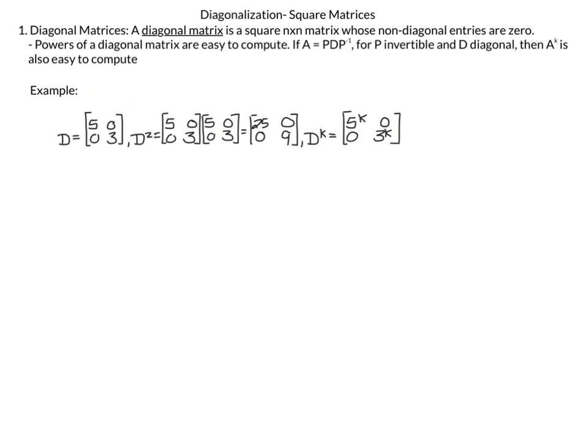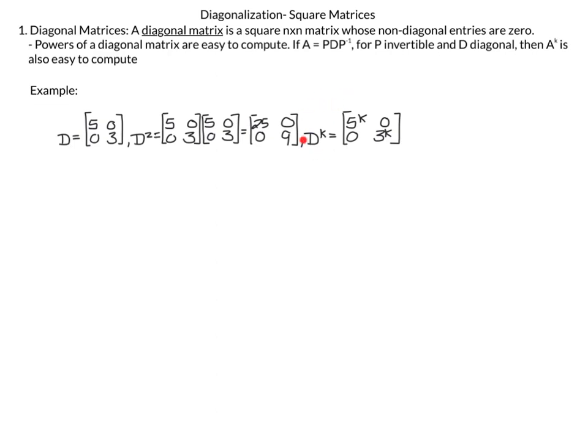One thing to note, the first kind of application we're going to look at is that powers of a diagonal matrix are easy to compute. In particular, let's look at this D here, [5, 0; 0, 3]. D squared will equal [25, 0; 0, 9], and you can compute D cubed, which is just D times D squared. You'll see that will be 5 cubed, 0, 0, and then 3 cubed.